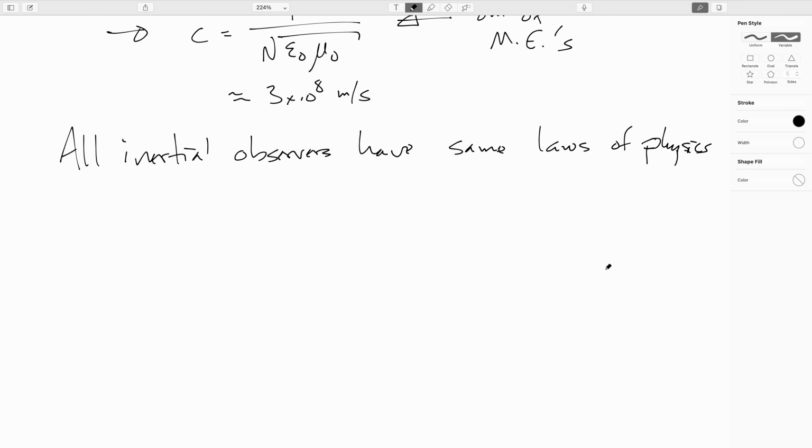So it turned out, when people got to thinking about this, they realized pretty quick that if there was a special observer, the sun had to be very close to being in the frame of that special observer.